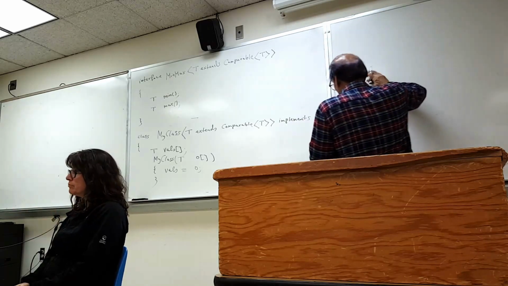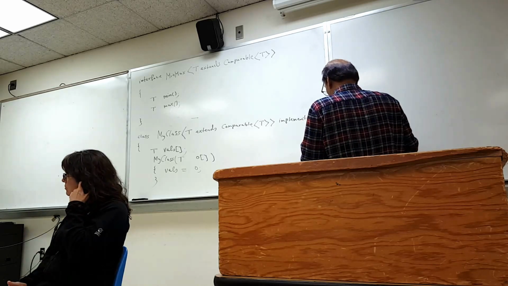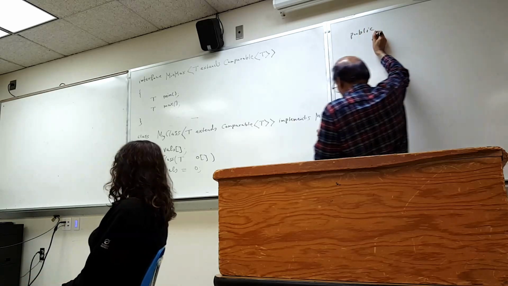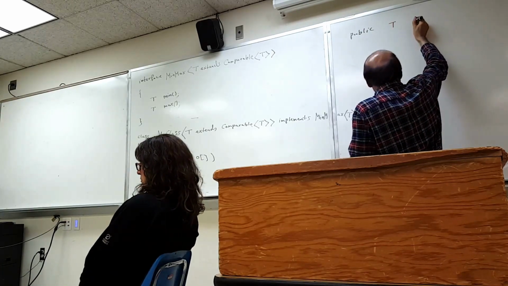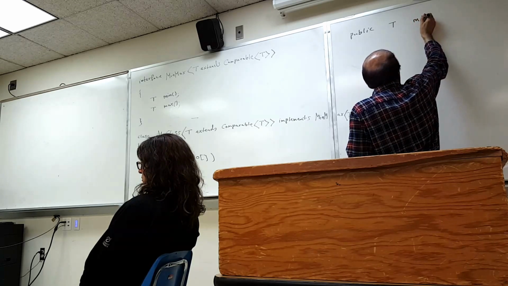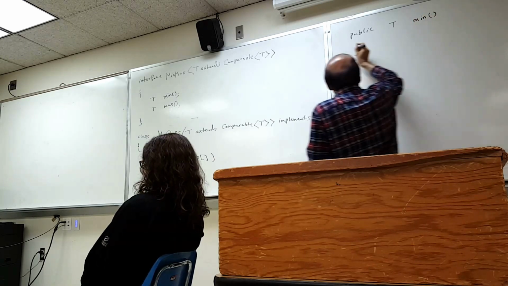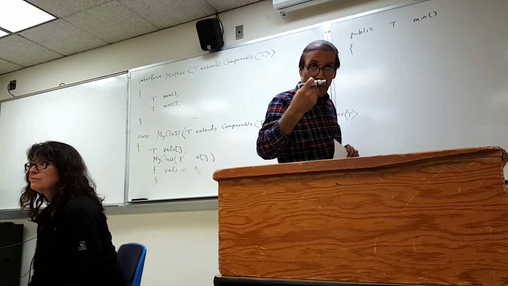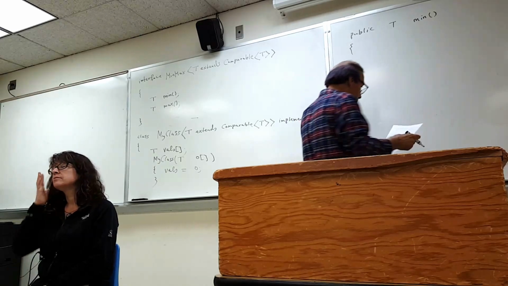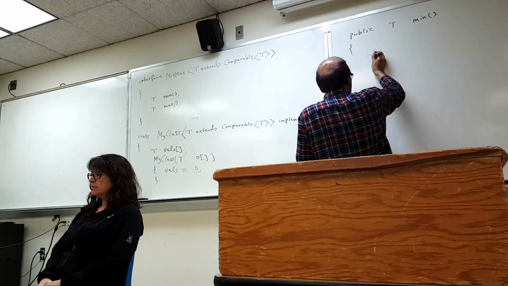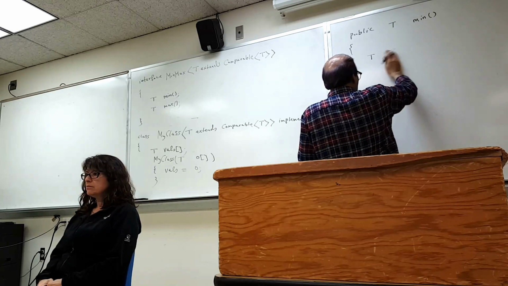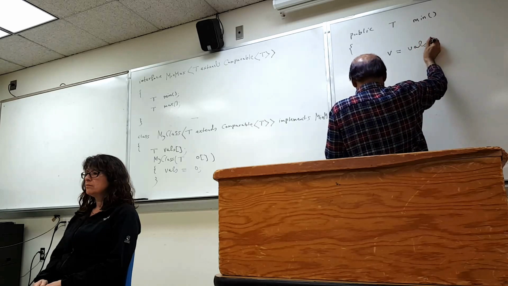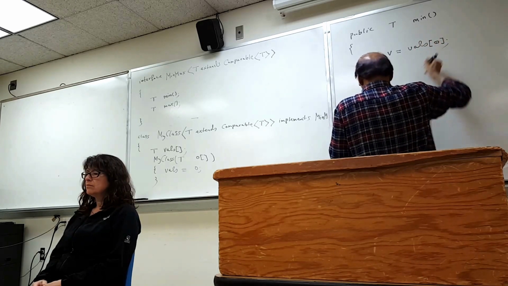So let's do it this way. Public T min. This is going to find the smallest number in the array, which is pretty simple. We're going to loop over it and do the job. T v equals vals of 0.